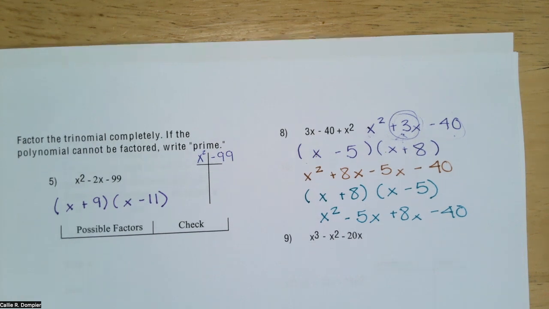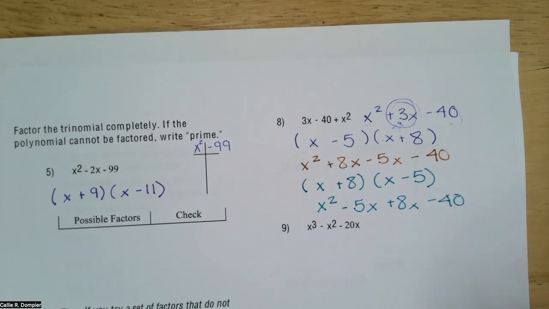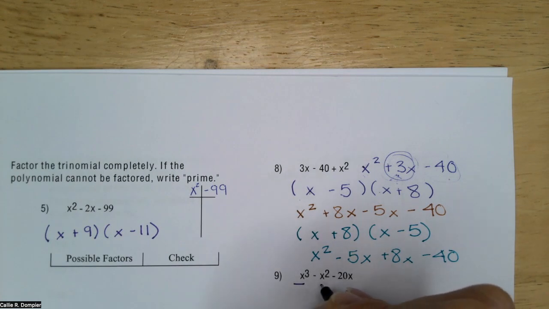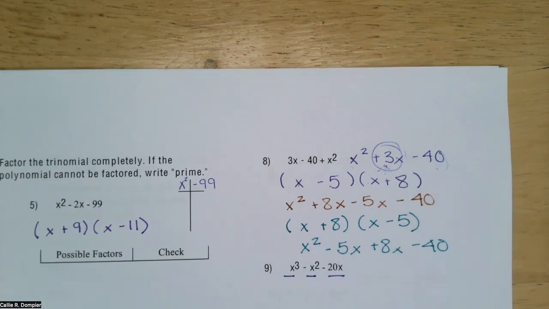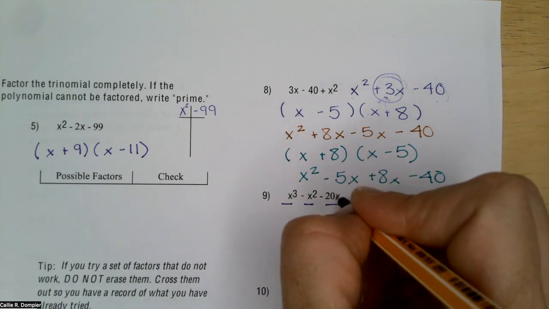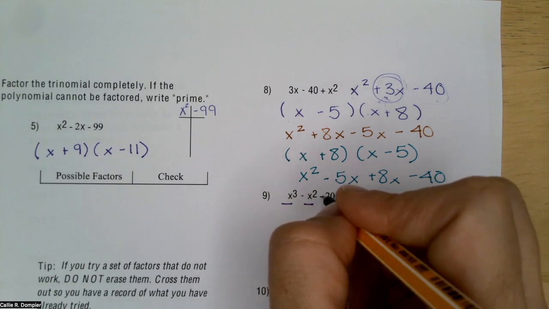All right, number 9. This is not the format we are used to seeing it in, right? So in order to get it into the correct format, what we should do is factor out a common factor. What factor do you see that is common to x cubed, negative x squared, and negative 20x?